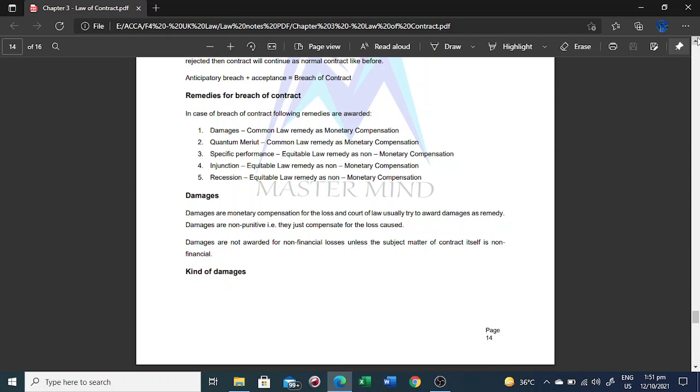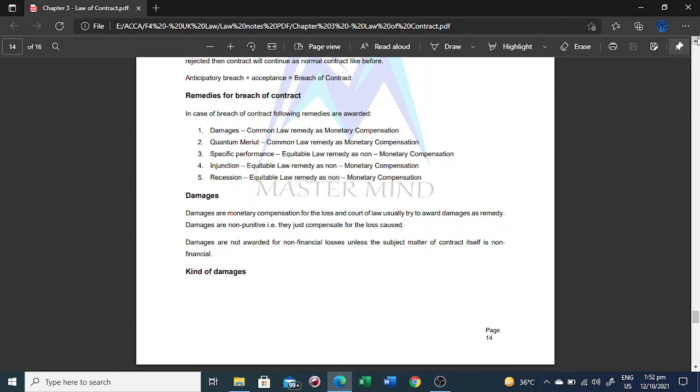Then we have specific performance, which is a non-monetary compensation. We have already discussed all of this. Injunction, non-monetary compensation. Rescission, non-monetary compensation. So damages you already know. Let's revise specific performance, quantum meruit, injunction, and rescission.